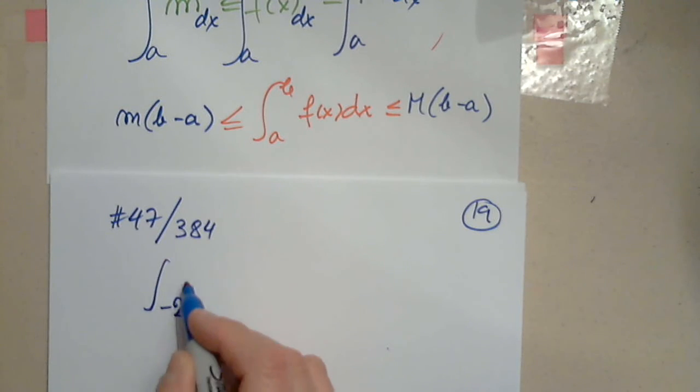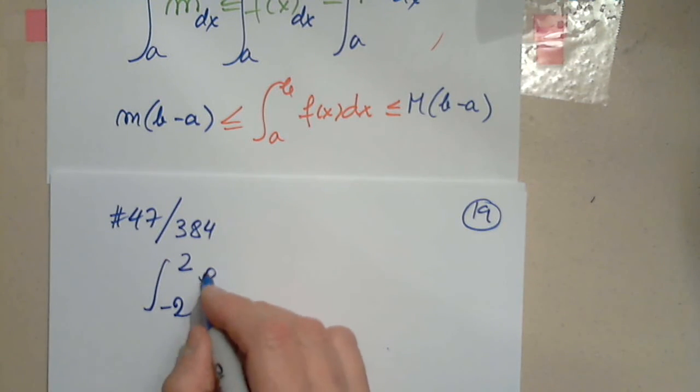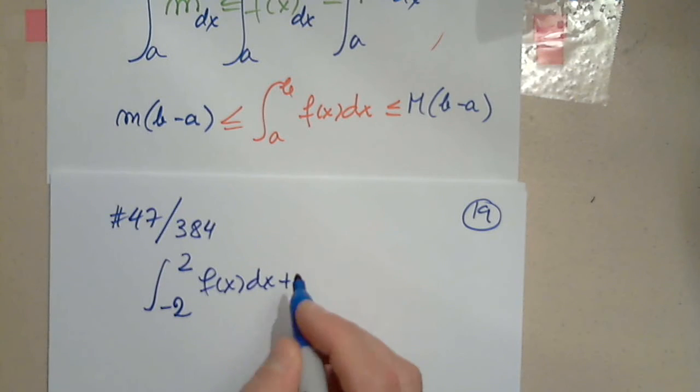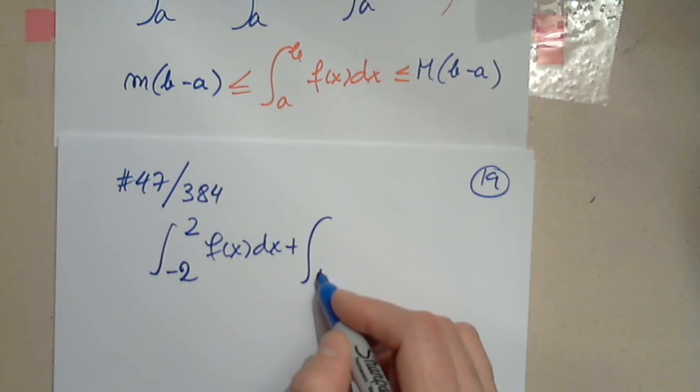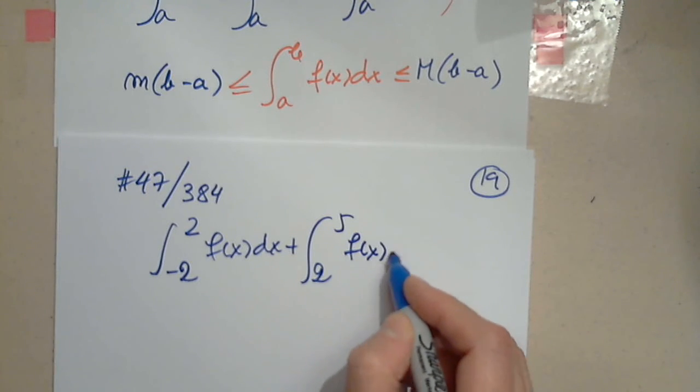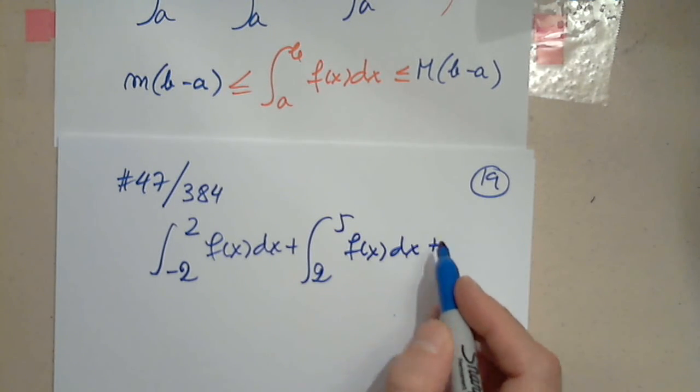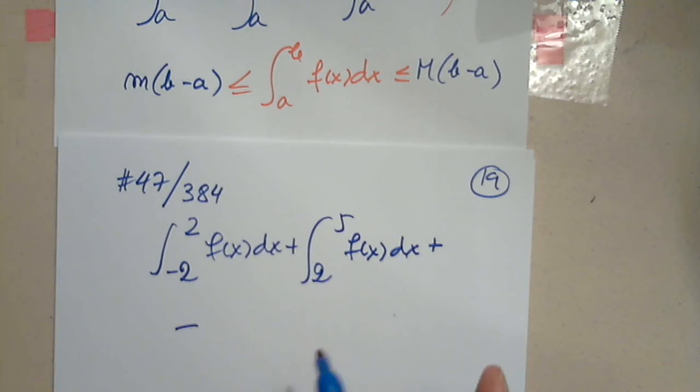The integral from -2 to 2 of f of x dx plus the integral from 2 to 5 of f of x dx, sorry, not plus, I'll erase that, minus the integral from -2 to -1 of f of x dx. They want us to condense this into one integral.